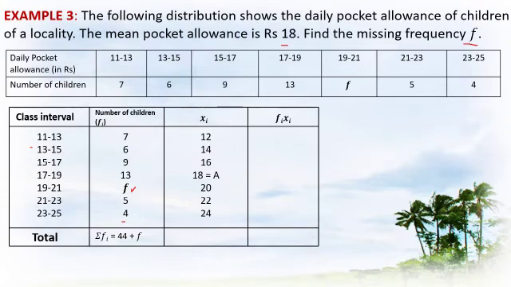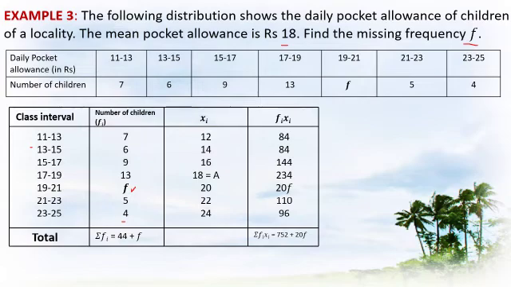Now we multiply frequency with the class mark. First one, 7 into 12, 84. 6 into 14, 84. 9 into 16, 144. 13 into 18, 234. f into 20, that is 20f. 5 into 22, 110. 4 into 24, 96.